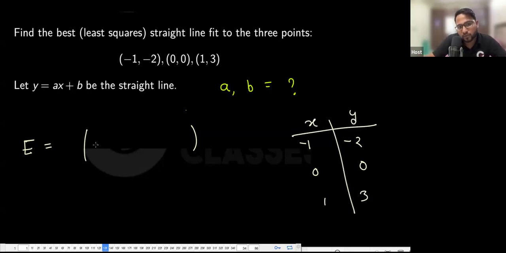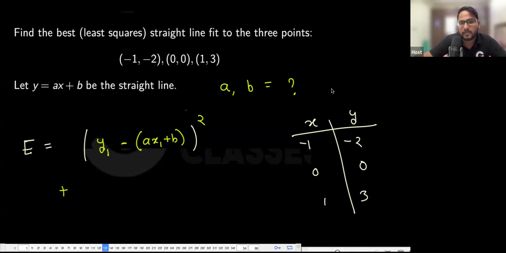So it will be -2 minus (ax plus b), right? Instead of x, I will be writing x1. This is the first term. Is this okay to everyone? Or maybe if you want, you can write y1 here. The second term will be similar to this.